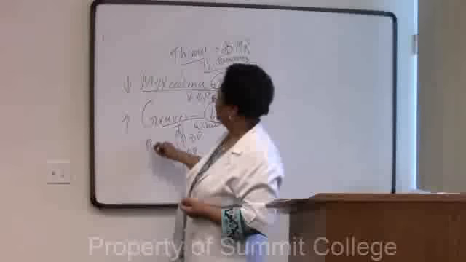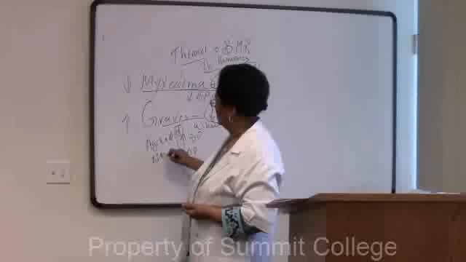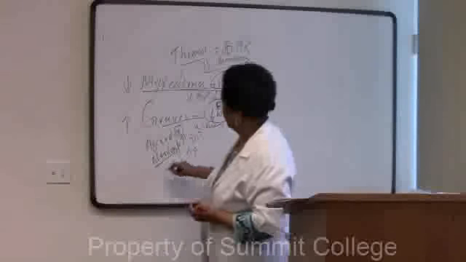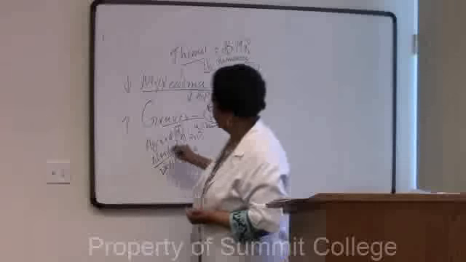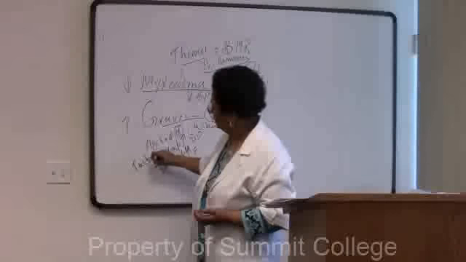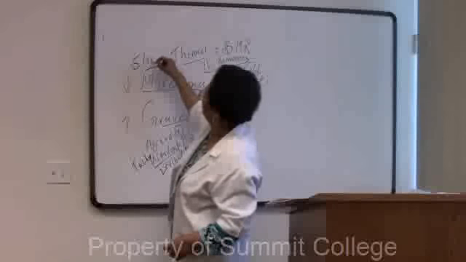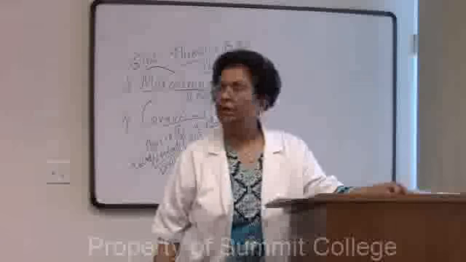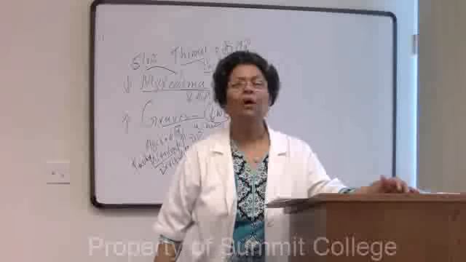They are agitated, nervous, and irritable. They may complain of tachycardia. Hypo people are slow, physically and mentally. Are we okay? So you must know both hypo and hyper.